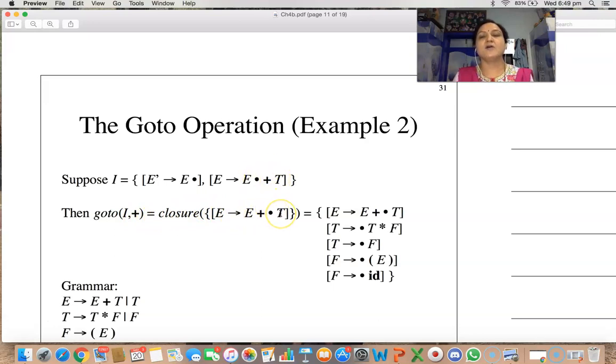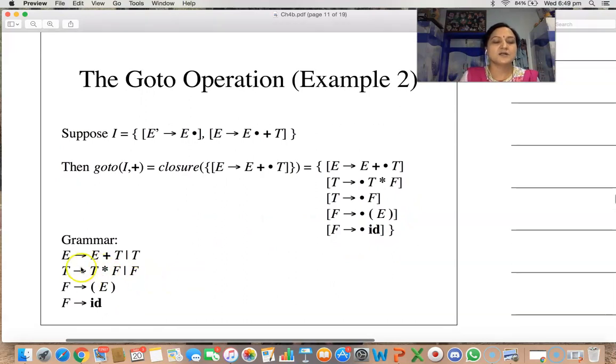Now, as I told just now, after the dot, if a non-terminal is there in the closure, we have to take its productions also. So we are going to add E → E + ·T, and since T is a non-terminal, we have to take its productions. T productions are T → T * F or F. So T → ·T * F, then T → ·F.